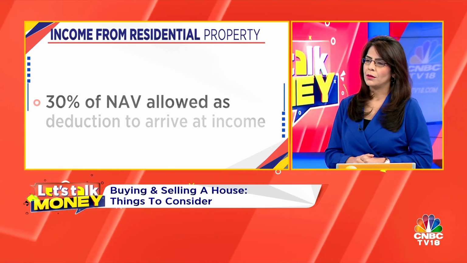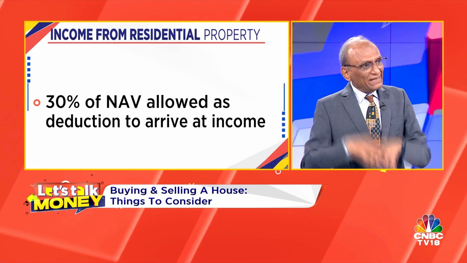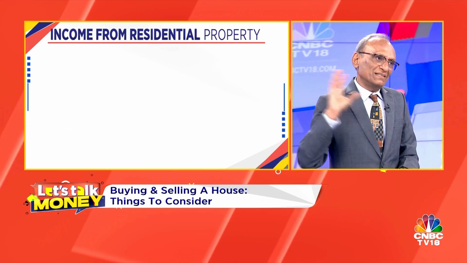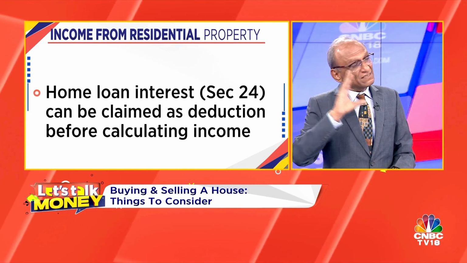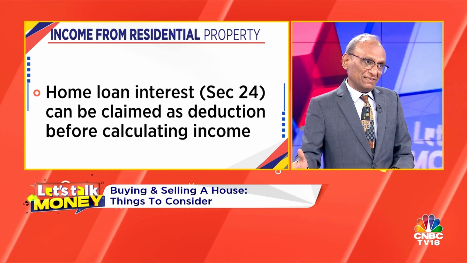Then you are allowed to claim, without any limit, any interest you might have paid on a loan taken to acquire such a property. And this is under both the new tax regime as well as the old tax regime.